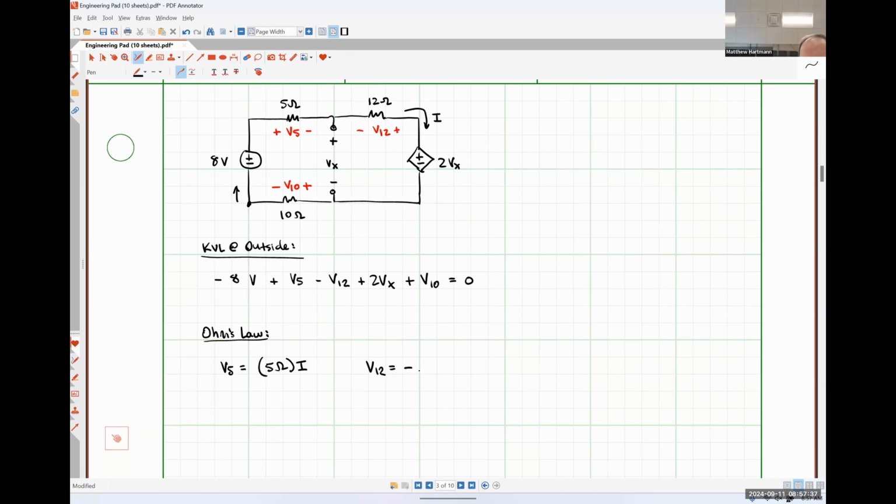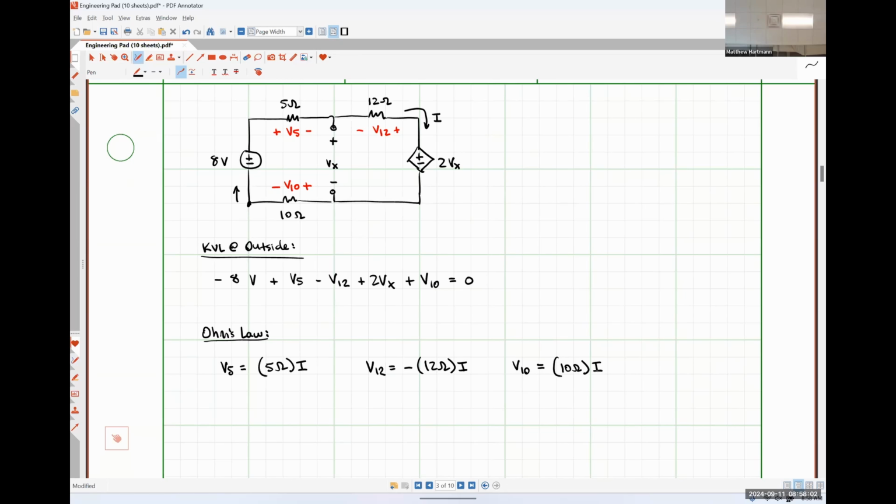So -12 ohms times I. And then lastly, we have V10. So what should that be according to Ohm's law? 10 ohms times I, and it's positive because the current is flowing into the positive polarity terminal.